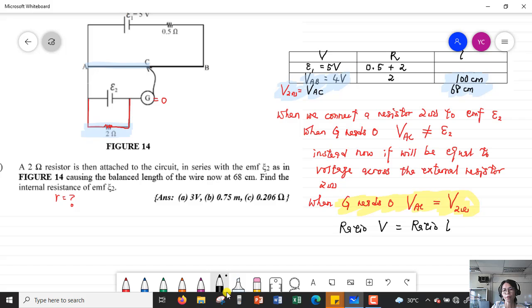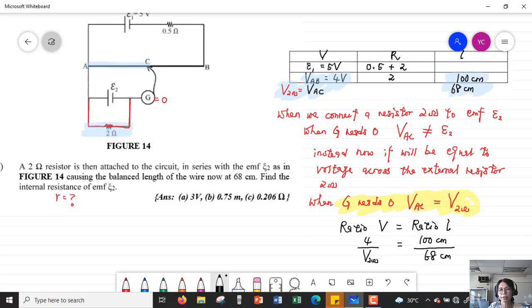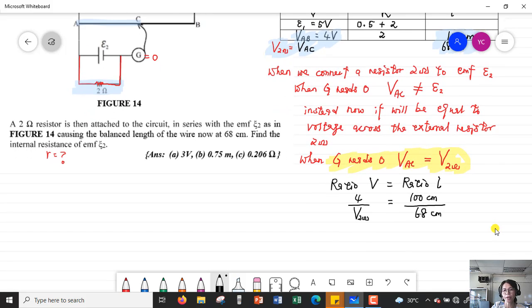So 4 volt over the voltage across 2 ohm equals 100 cm over 68 cm. When we do our calculations, we will get the voltage across the 2 ohm to be around 2.72 volt.